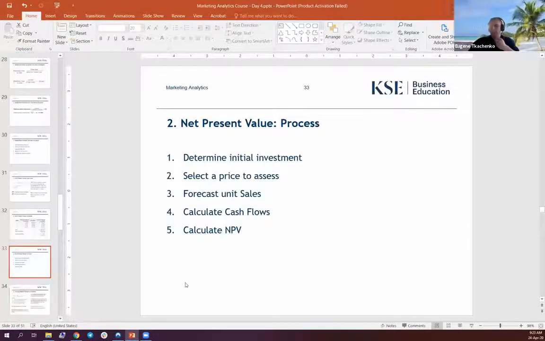So the process for calculating net present value is pretty much similar to assessing the break-even point. You start with the initial investment, you select the price for assessment, then you forecast the number of units you need to sell, and we will talk about that tomorrow. Then you calculate the cash flow for every given year.